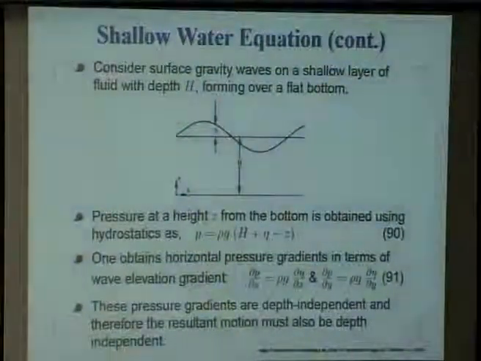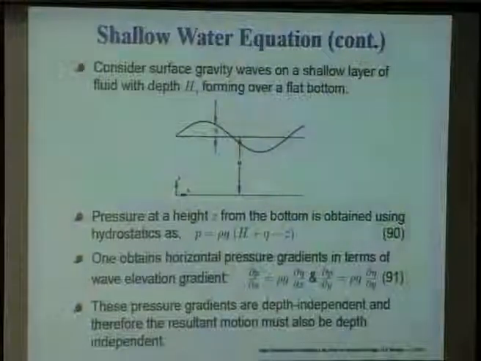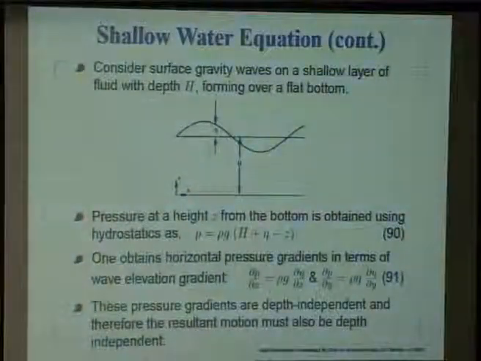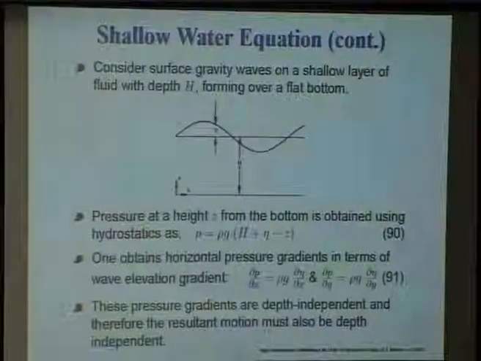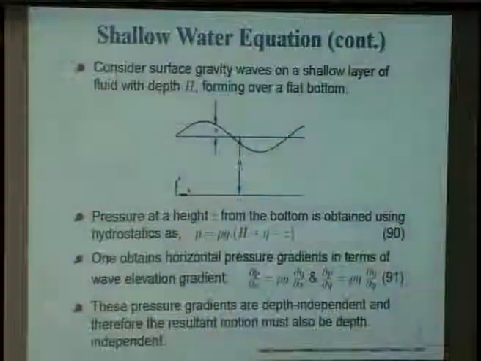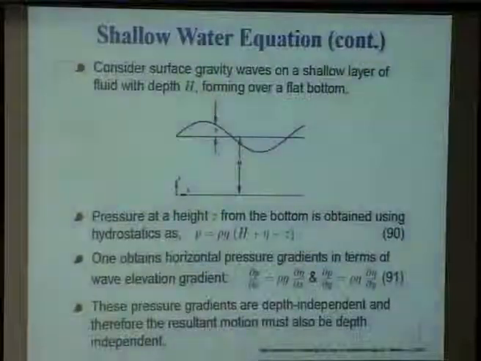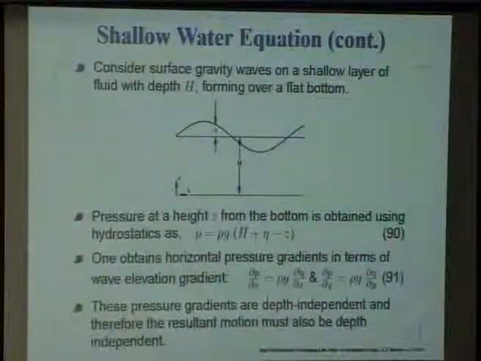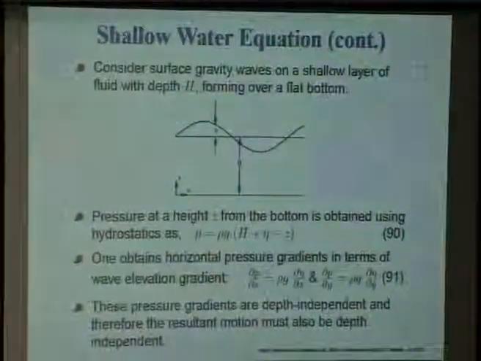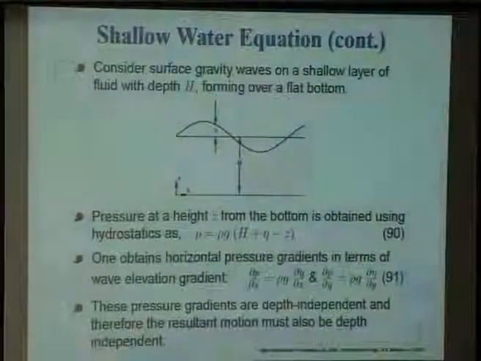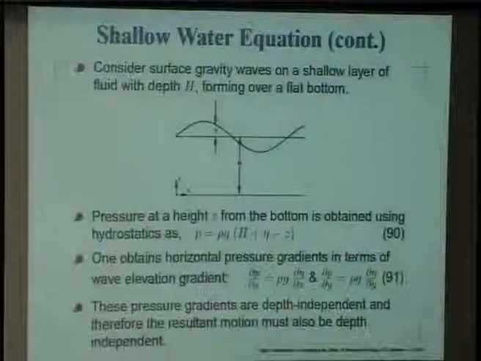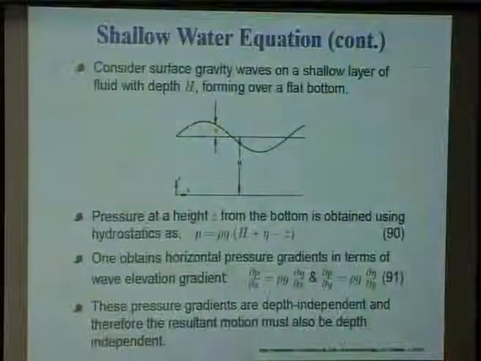So, that will tell you about the column of fluid above that height, including the atmosphere plus the whatever the phase that we are talking about here. So, having obtained P like this, I can calculate its horizontal gradients by differentiating the quantity with respect to x and y. So, this is what we get.